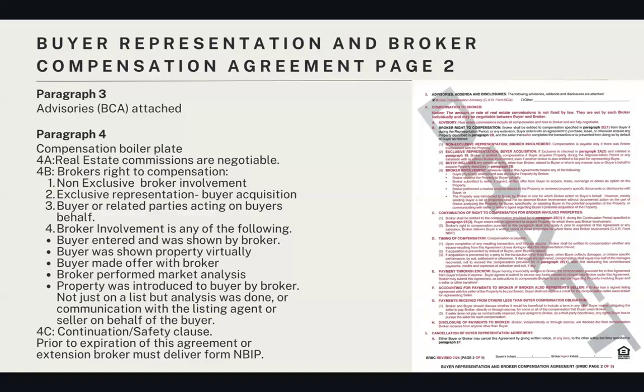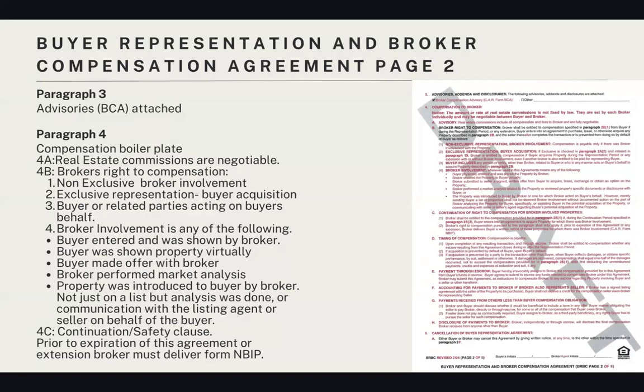Paragraph 4C is the continuation and the safety clause, which you've been accustomed to typically in listing agreements, which we talked about, that you would use 90 days, or you would use some period that you're protected on the broker involved properties that you have given a list to the buyer, either prior to the expiration of the agreement or within 5 days of the cancellation.